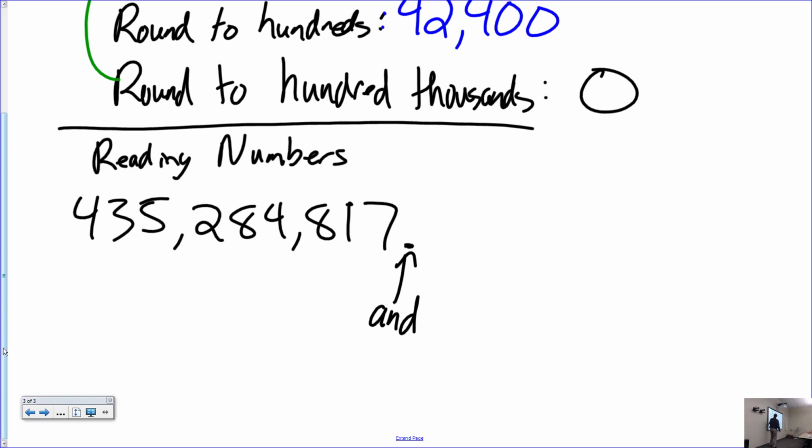If you say 435 million and 284,817, the computer will try and put a decimal point after you say the word "and." It just will. And so you need to be cognizant of the fact that the computer will do that to you. So if you are translating numbers to a computer, please be careful. Use that word "and" only at the decimal point, okay?